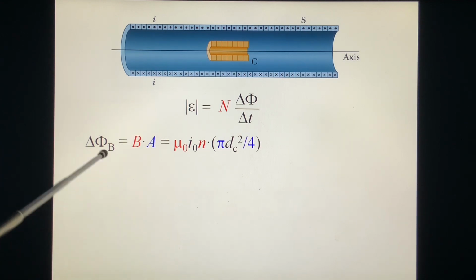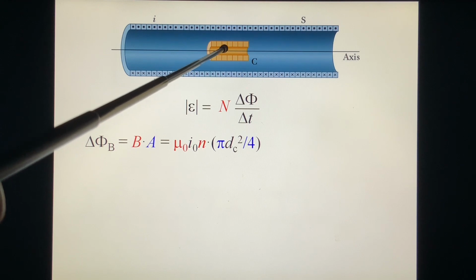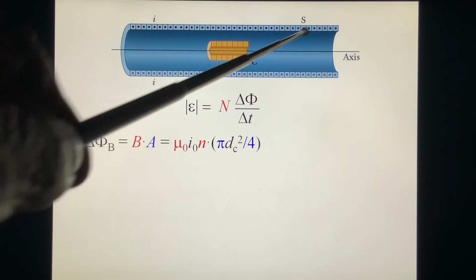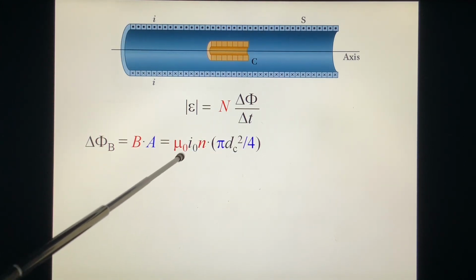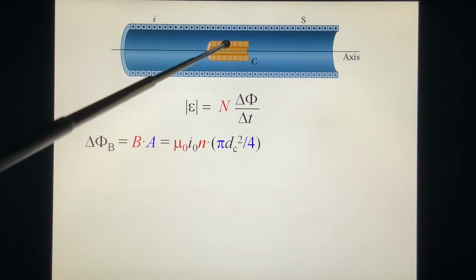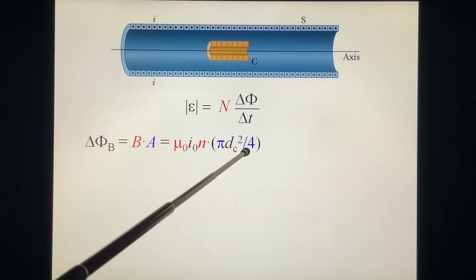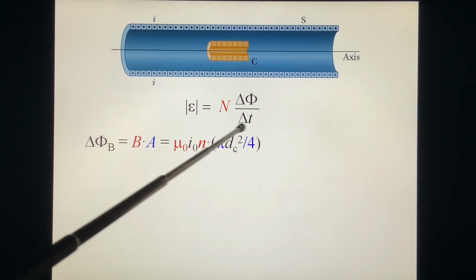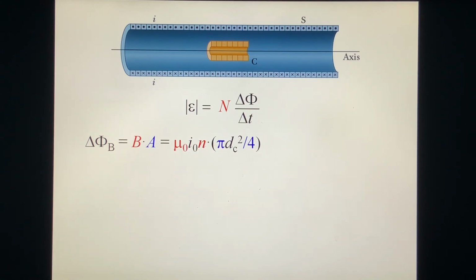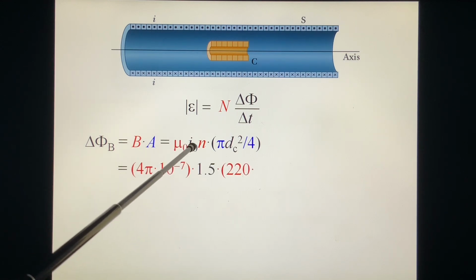Now, this is the magnetic field B produced by the solenoid. It is mu 0 I n, as we learned before. This is the area of the small coil, pi r squared, or pi d squared over 4. We'll put numbers inside. This is a constant, and this is 1.5.